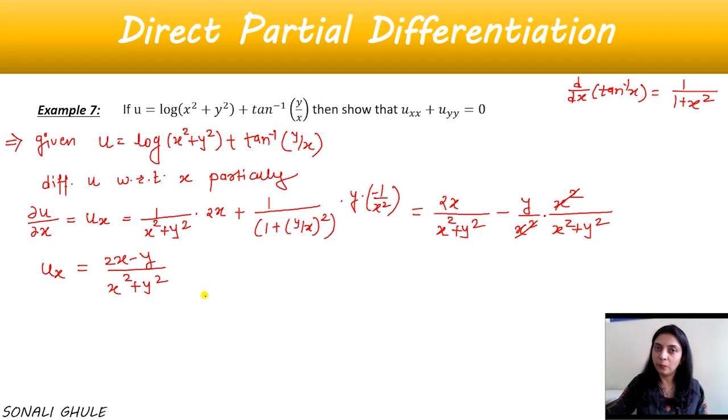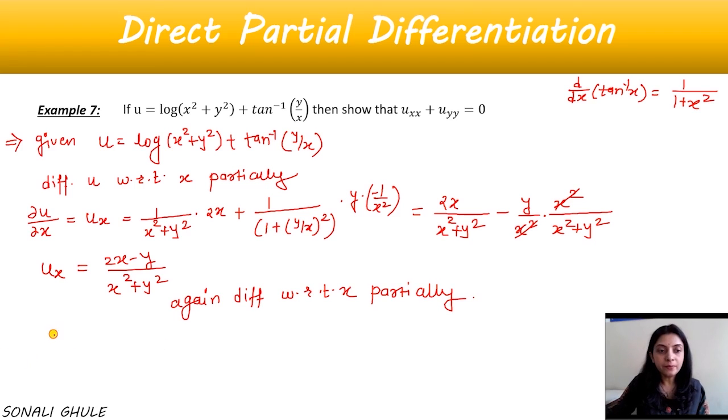square. Okay. Now here again I have to differentiate the term with respect to x because I want the double derivative uxx, right? So now here again, differentiating with respect to x, again differentiating with respect to x partially.